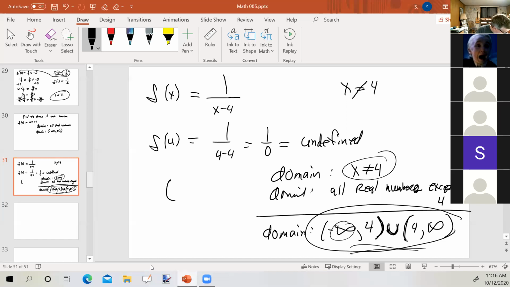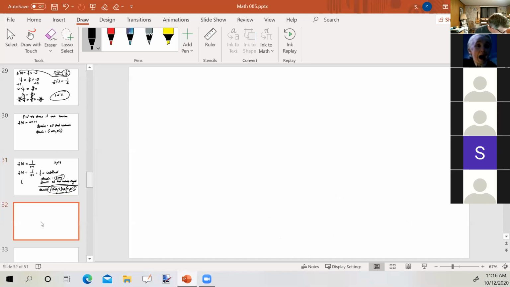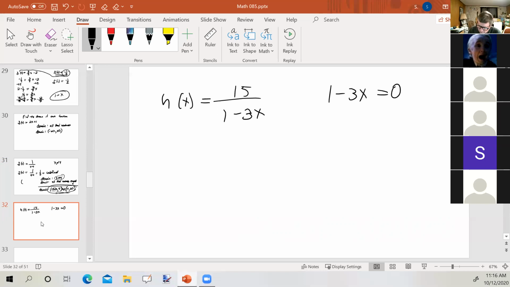All right. How about this one? H of x equals 15 over 1 minus 3x. What is the domain? Well, we don't want the denominator to be 0. So when is that true? Well, let's see.